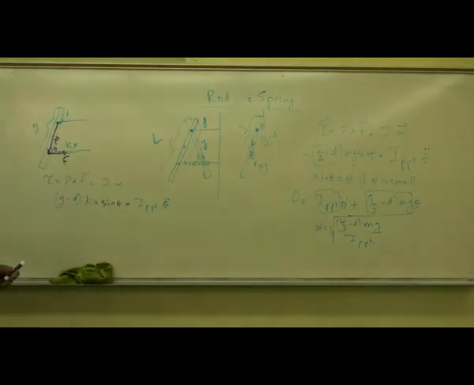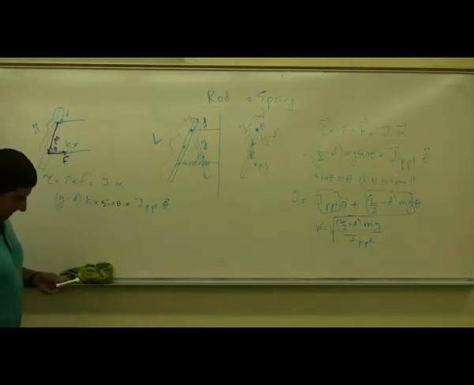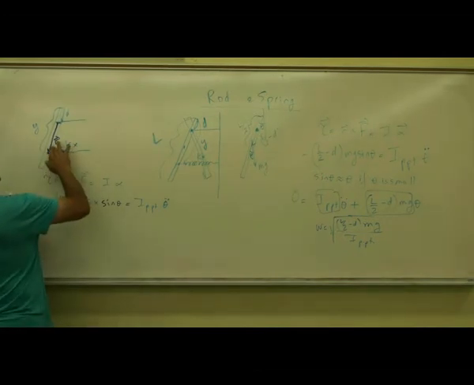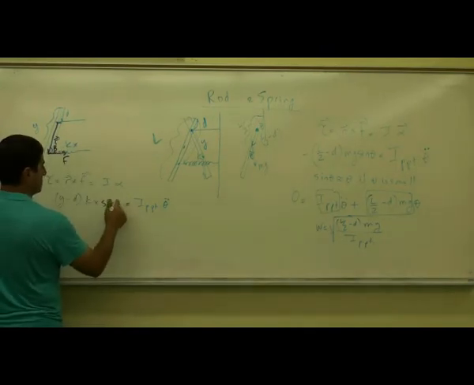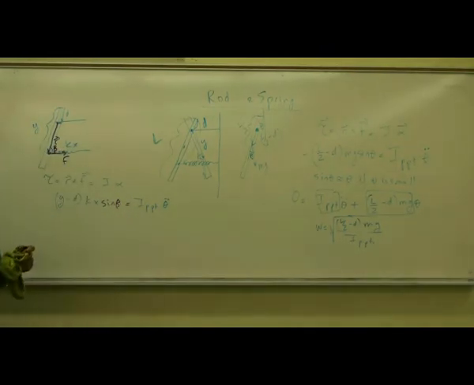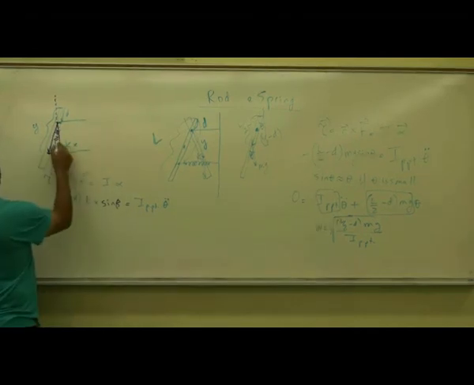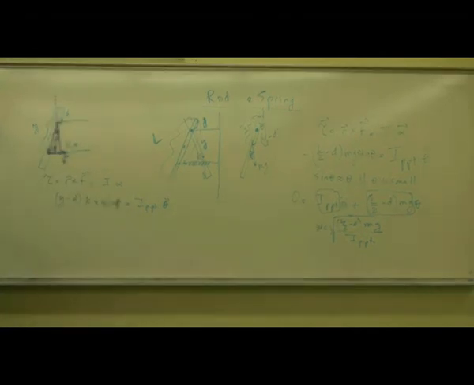Okay? Well, you know what? Let's give this a different variable. Let's call this one beta. And let's find the relationship between the beta and the theta here. That beta is a complementary angle to theta.